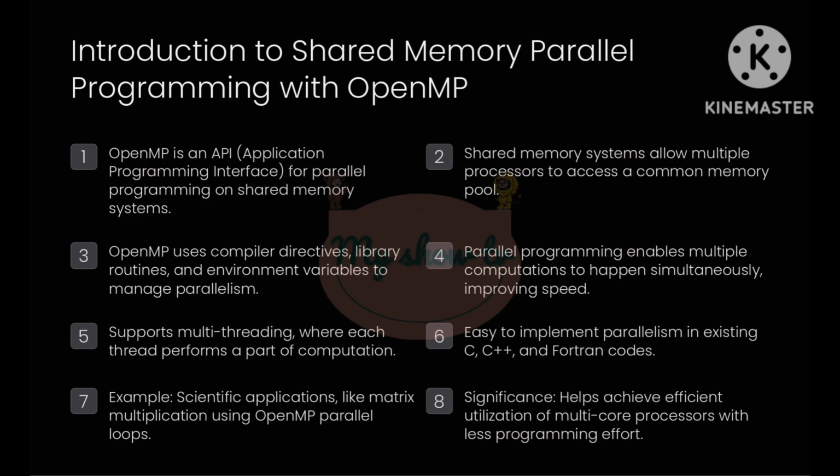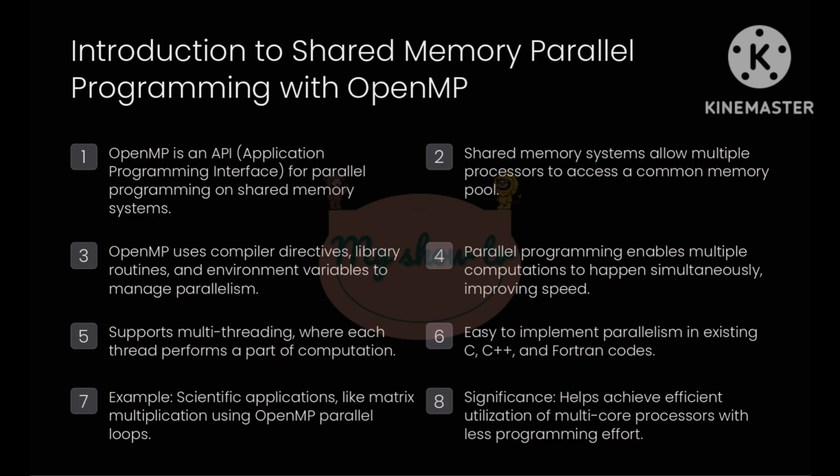Parallel programming is important because it allows us to divide large computational problems into smaller parts, making use of multiple cores in modern processors to solve them faster. OpenMP supports multi-threading, meaning multiple threads work together on a problem, often speeding up computation dramatically.